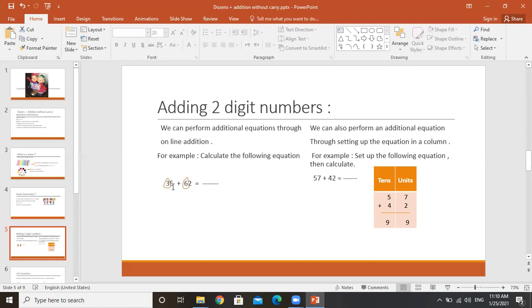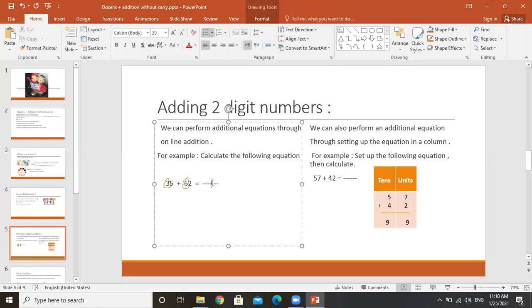Let's start adding the units. 5 plus 2 is equal to 7. And now we are going to add the tens. 6 plus 3 is equal to 9. So the answer is 97. This kind of equation is called online equation. It's written straight on the line.